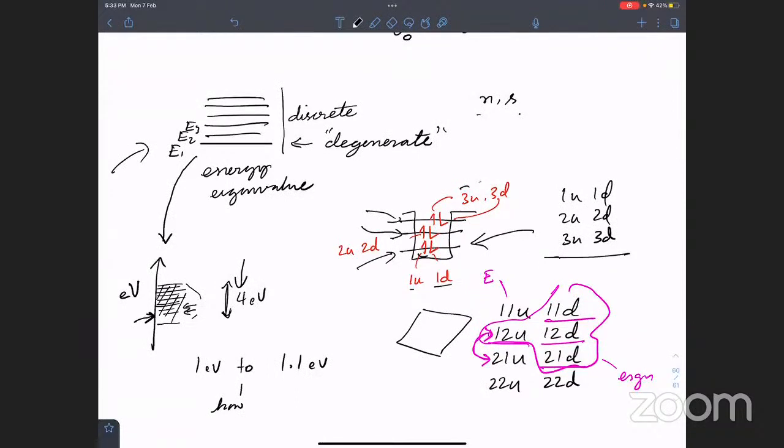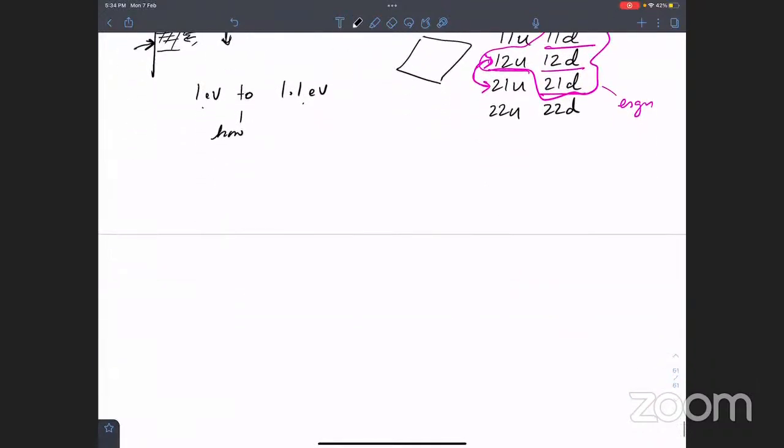You solve for eigenvalues of 10 to the power 23, a very large number of states, and then you are no longer interested in the individual values. You're more interested in, okay, what is the density in any particular energy region, right? So for example, 1 electron volt to 1.1 electron volt, how many possible states are there? Okay, so let us see how we would describe something like this.